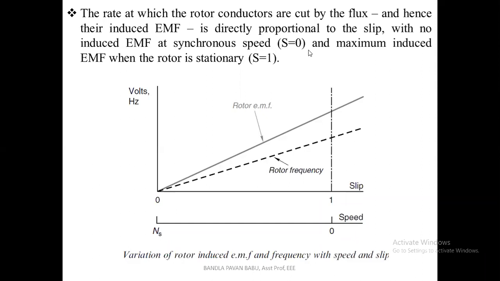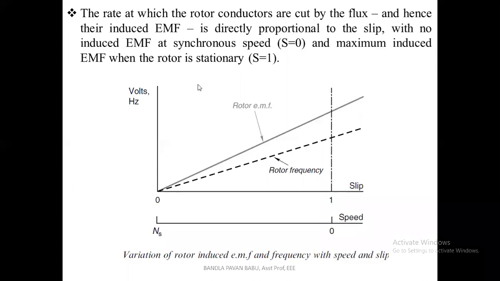With no induced EMF at synchronous speed, that is s equal to 0, if the slip is 0, there is no induced EMF. When the slip is equal to 1, there is relative movement between the rotating magnetic field and the rotor. The rotor never rotates, but there exists some maximum induced EMF on the rotor side.